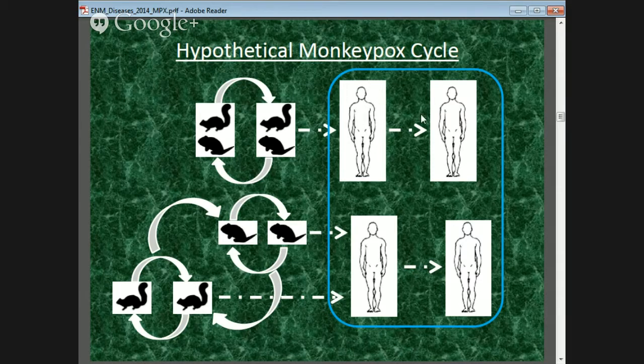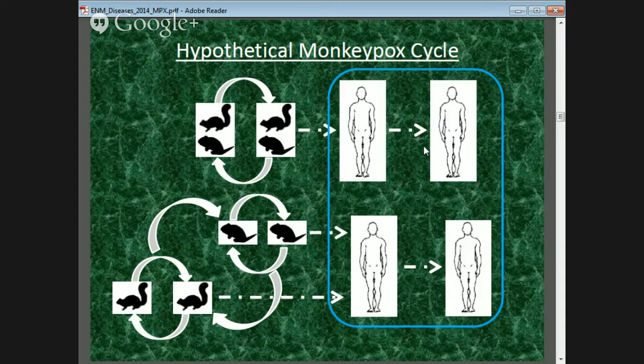We only have the data from humans, and we can even simplify this and just take human primary cases that represent the jump from wildlife into humans, and not the human-to-human transmission, because this human-to-human transmission will obey different rules that may not be captured by ecological niche modeling.